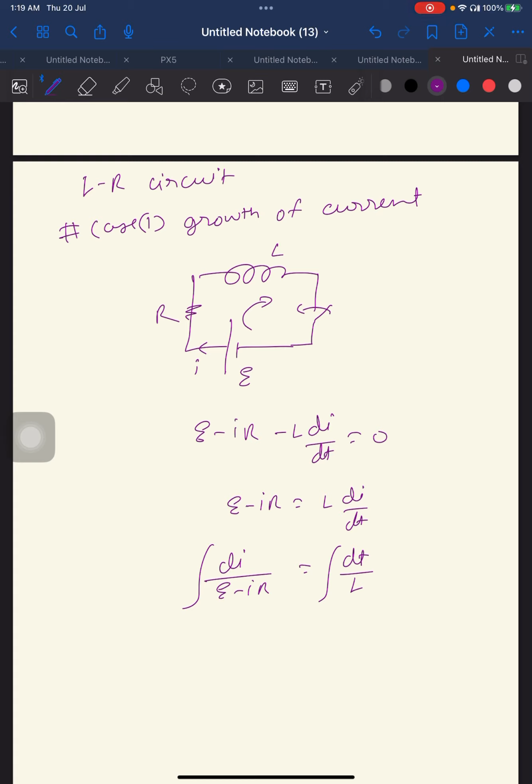Now if you integrate this, where to where? As soon as you switch on the circuit, the inductor will not allow any current, it fully opposes.